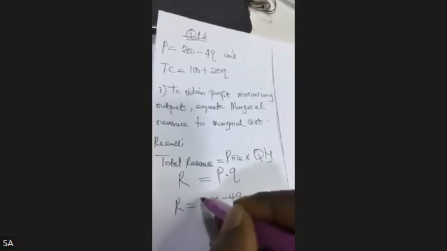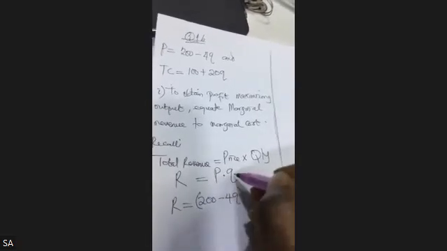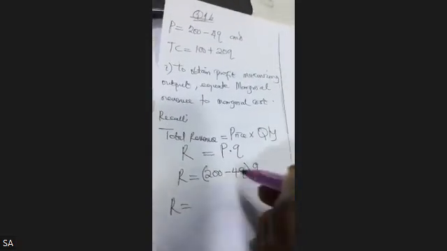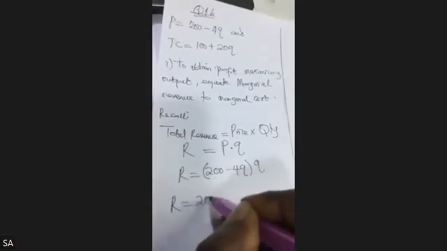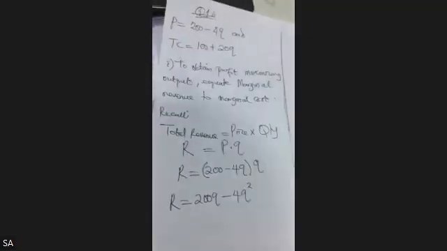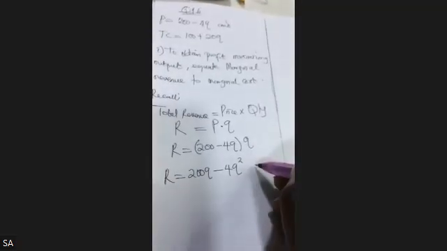I just want you to calm down. We are going to understand everything. The Q that is outside, use it to open the bracket. This becomes 200Q minus 4Q squared. Class, sometimes the question can ask you to find the revenue function. This is what is known as the revenue function.